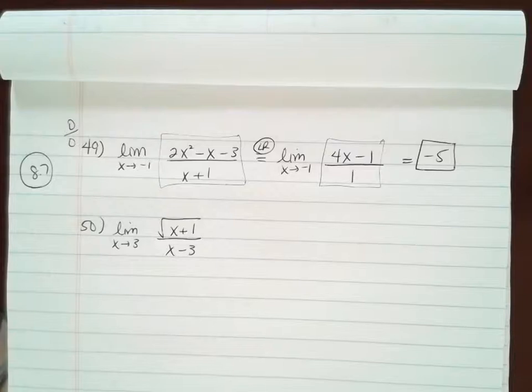No, that would have to be -3, right? This is what happens when I try and do stuff in the moment. That would be 0, okay.